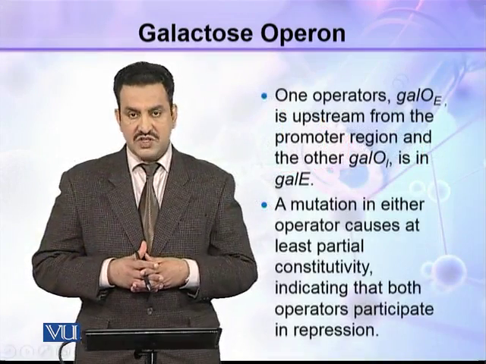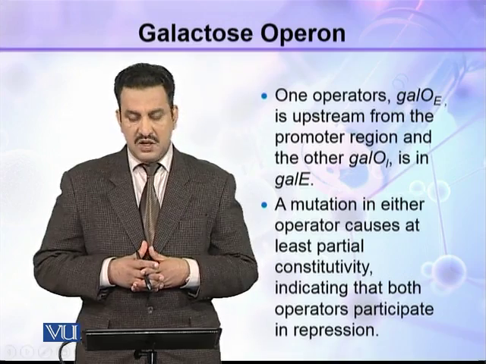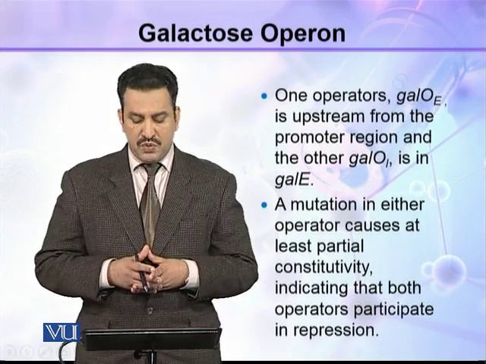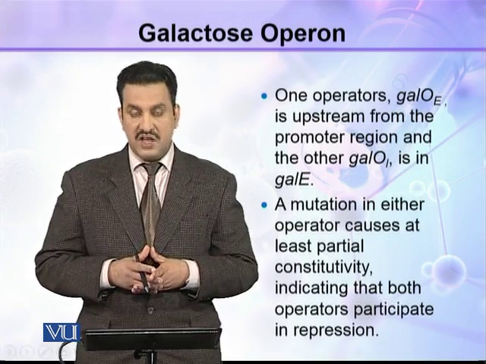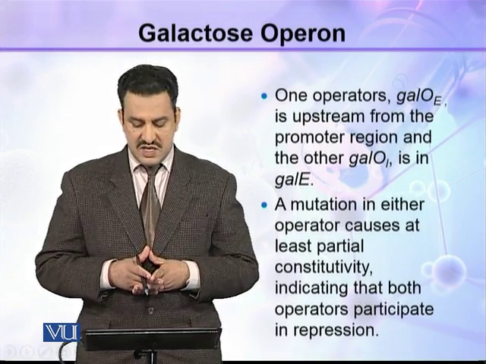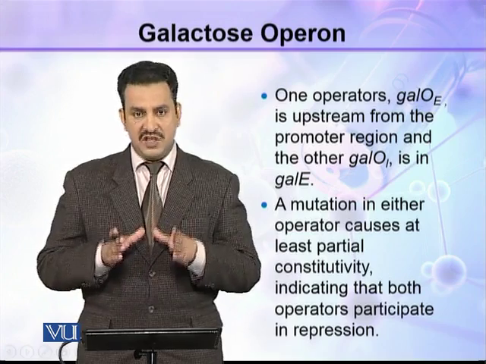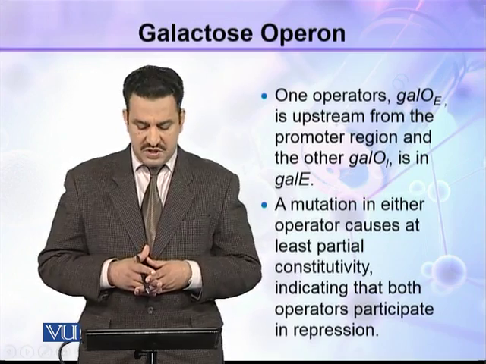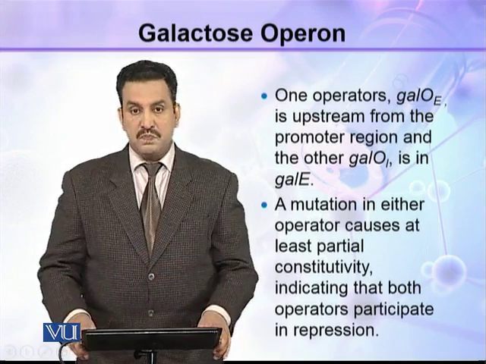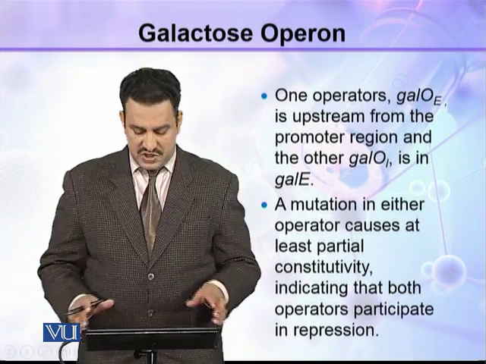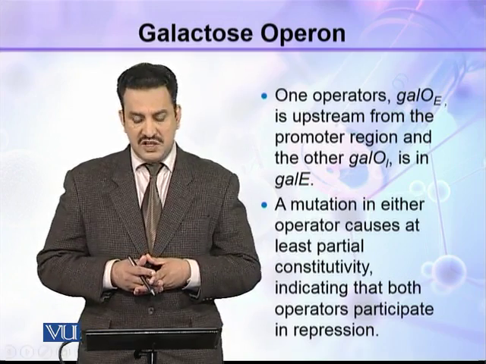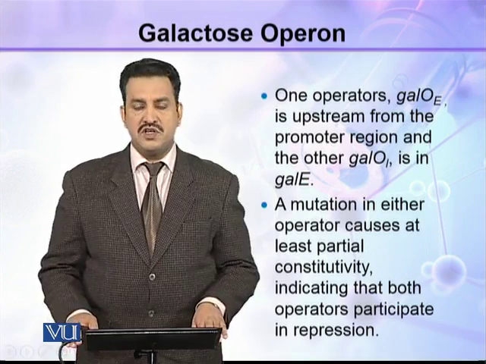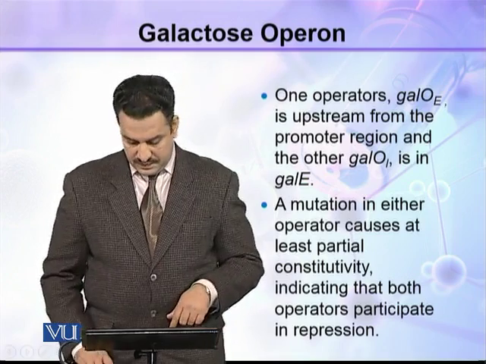One operator, GAL-OE, is upstream from the promoter region, and the other, GAL-OI, is in the GAL-E. A mutation in either operator causes at least partial constitutivity, indicating that both operators participate in repression.